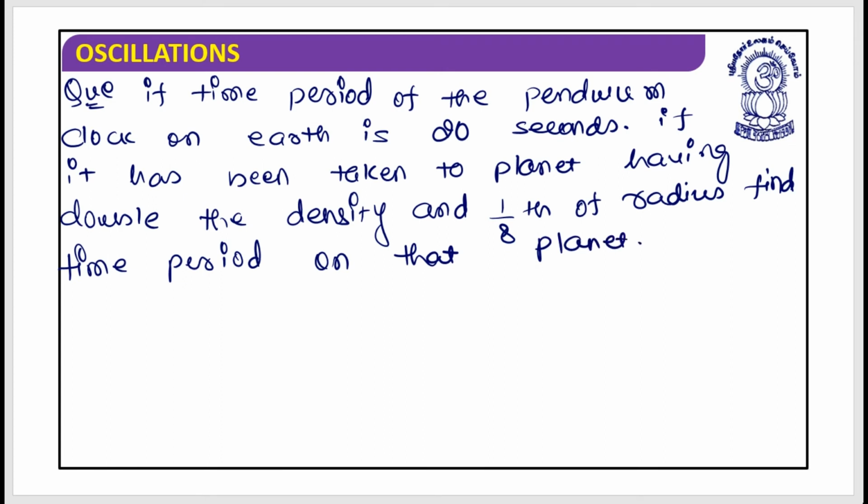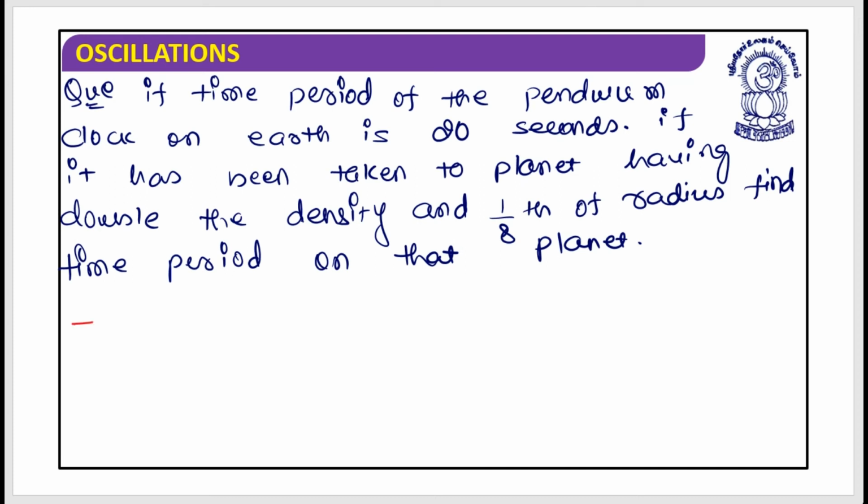They have said that the time period of the pendulum on the Earth is 20 seconds. And we have been asked that it has been taken to a planet having double the density and 1 by 8th of the radius. We need to find out the time period on that planet. How will we do this?